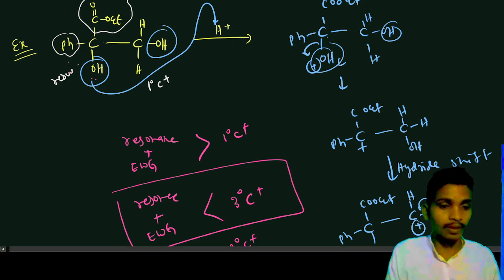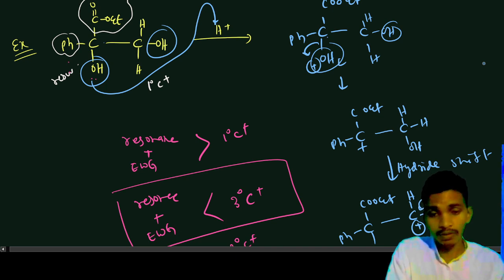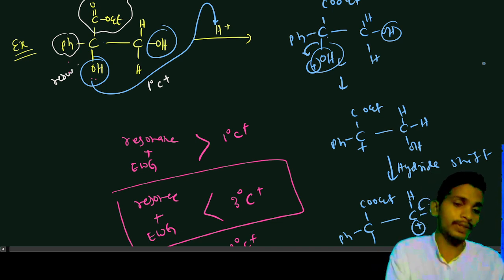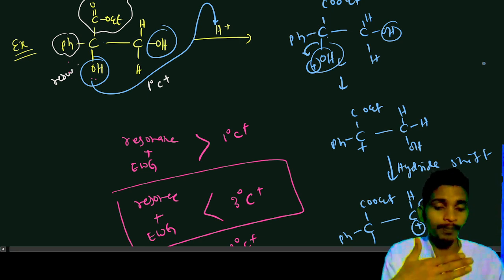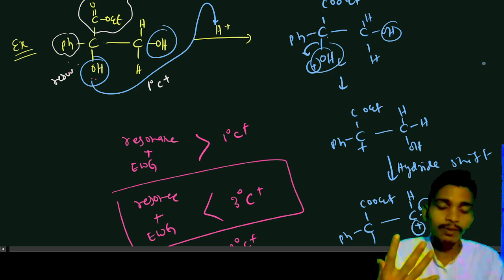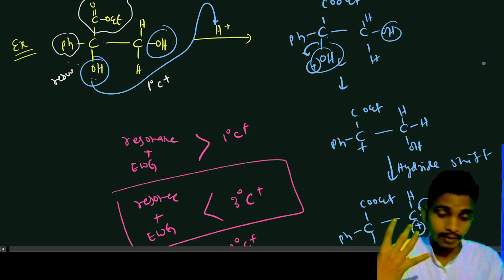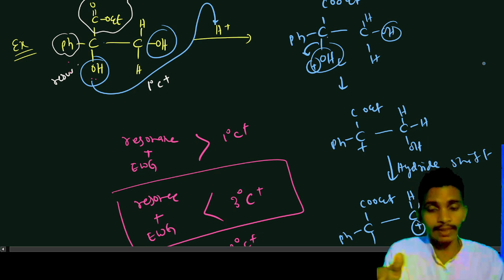So actually, even if you don't know the pinacolone rearrangement, we can solve these questions because we know the concepts that this OH will protonate. Only the benefit, if you memorize the pinacolone rearrangement, is that the chances of doing it wrong are very less.